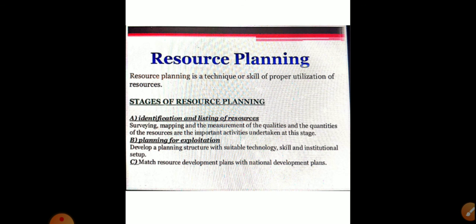In this resource planning, this is a complex process. In this we will talk about the identification and inventions of resources. In this we will include surveying, mapping, qualitative and quantitative estimation and measurement of resources.